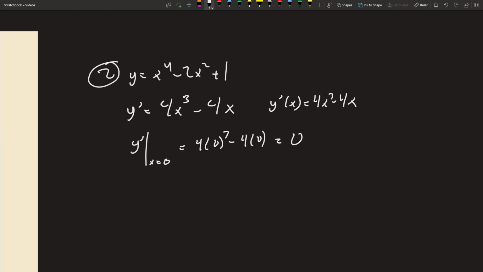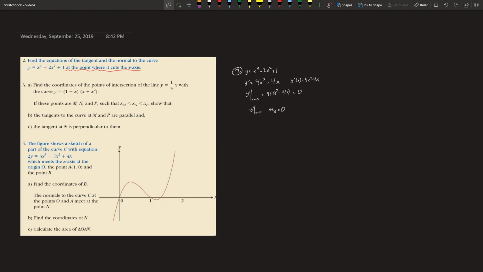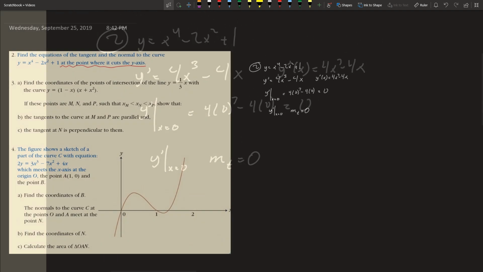So what does this mean? What is y prime at x equal to 0? This is the slope, which is m, of the tangent to the curve, and it is equal to 0. That's great, we're nearly done. For any line, we need either 2 points or a slope and a point. For the tangent line, we have the slope already. What's the point?